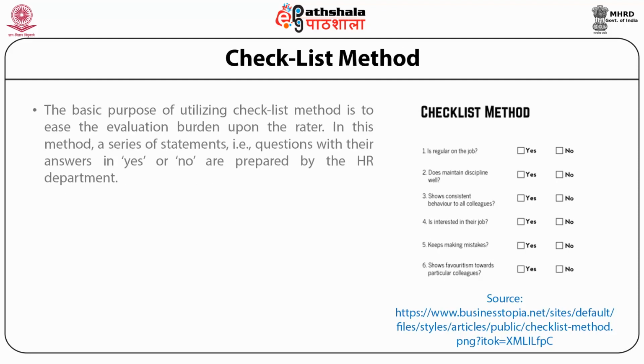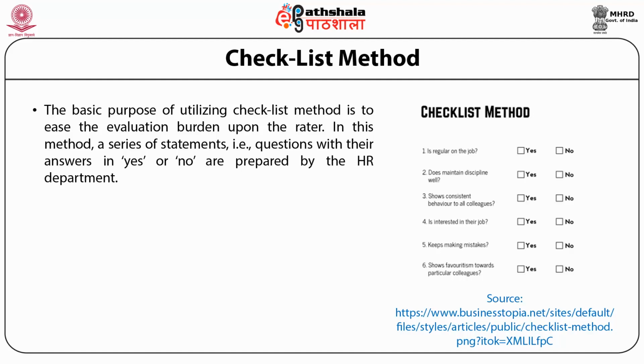Checklist method. The basic purpose of utilizing the checklist method is to ease the evaluation burden upon the rater. In this method, a series of statements, that is, questions with their answers in yes or no, are prepared by the human resource department. The checklist is then presented to the rater to tick appropriate answers relevant to the rating.